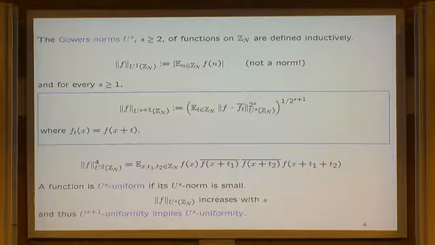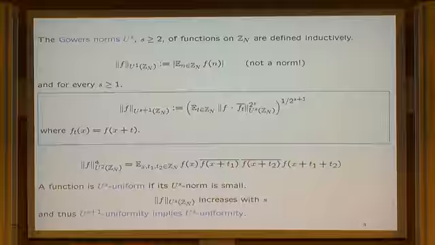Because here is a closed formula for the U2 that is obtained by the induction for s equal to 1. Then we see that there are 4 terms, where we take the product of the function at 4 points, making a parallelogram. Some kind of parallelogram. And there are some complex conjugations, but forget them for the moment. And we take the average.